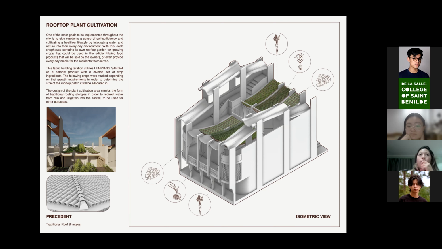So each of the shop houses will contain its own rooftop garden for growing various crops depending either on the product that they will be selling in the shop house or based on their own preferences.